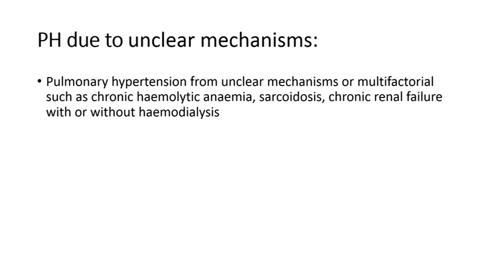Pulmonary hypertension due to unclear mechanisms, or multifactorial pulmonary hypertension, such as chronic hemolytic anemias and sarcoidosis. Sarcoidosis is a connective tissue, proliferative disorder, which is characterized by hypercalcemia and consolidative lesions.